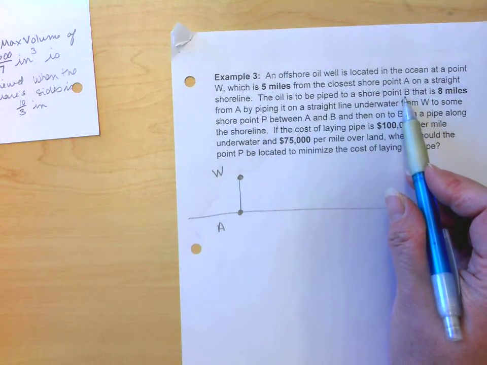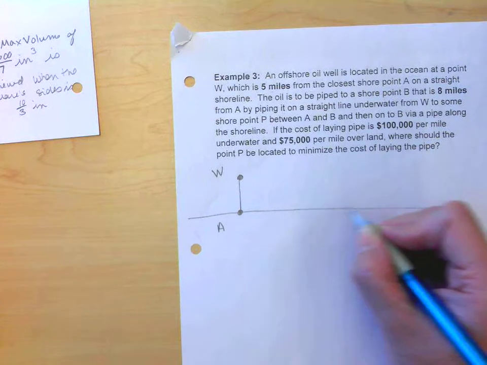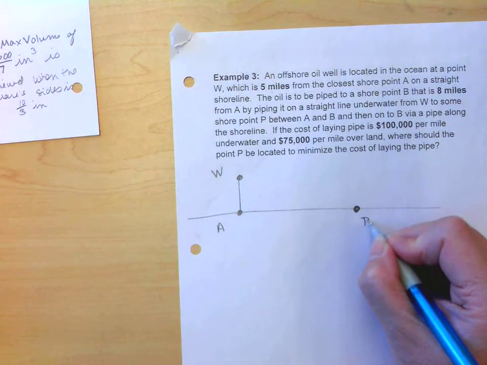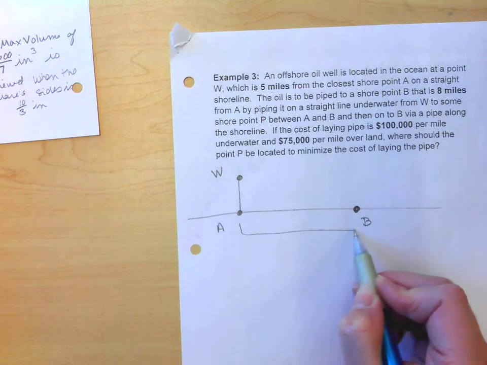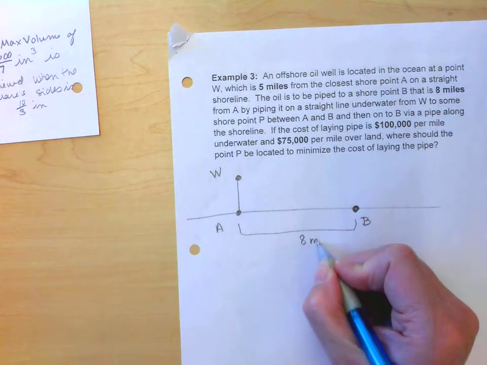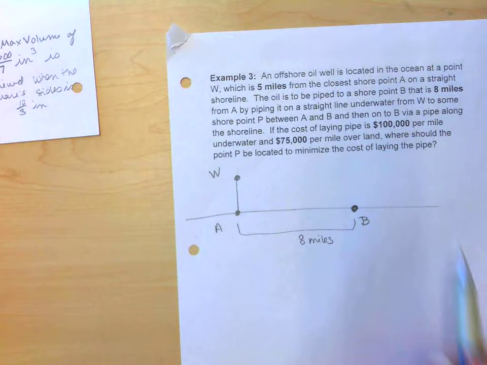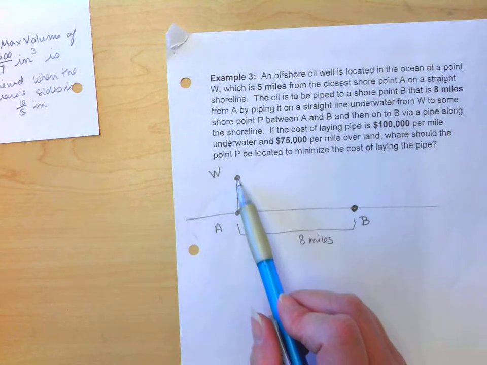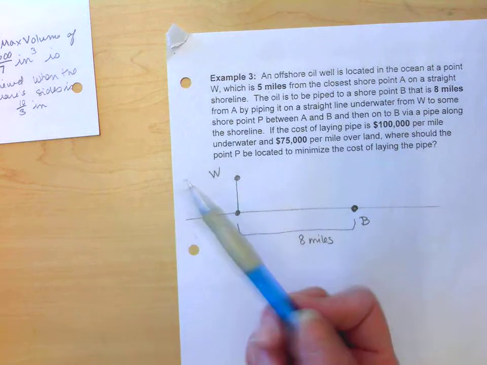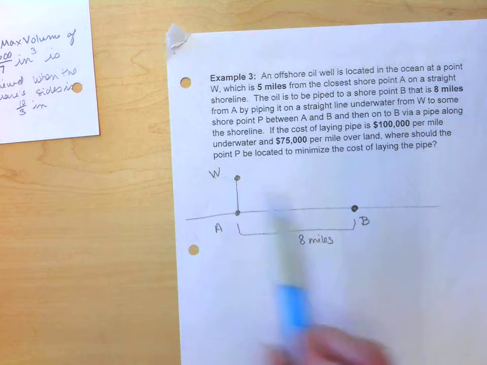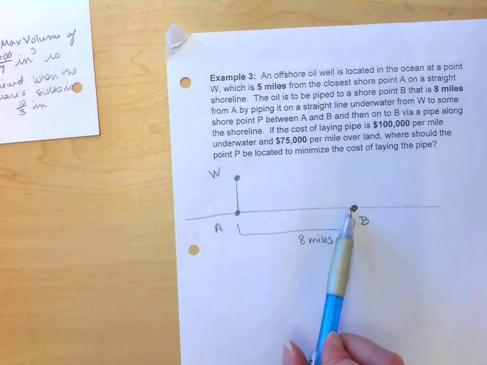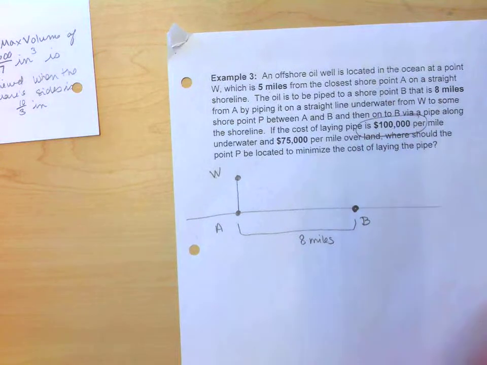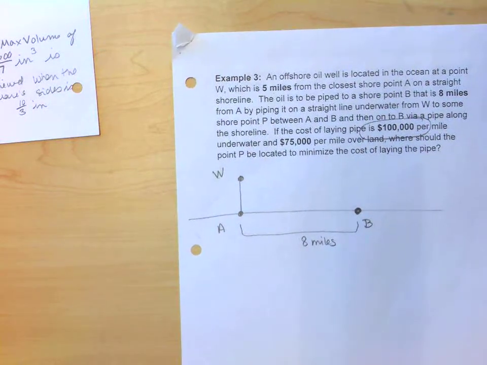And then we've got some point B here, and this distance is 8 miles. Our goal is to get the oil from point W to point B. The reason we don't want to go straight across is because it's more expensive to have underwater pipes.